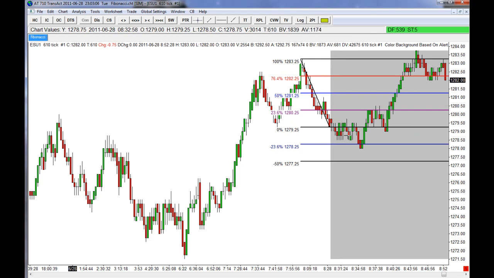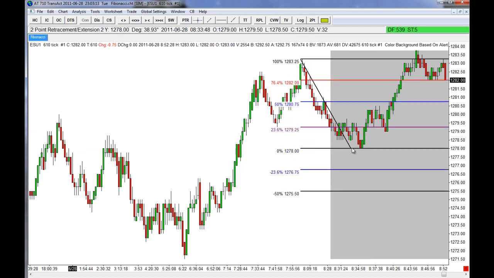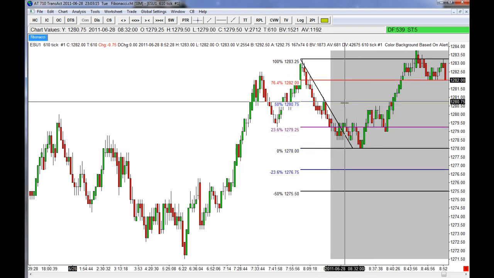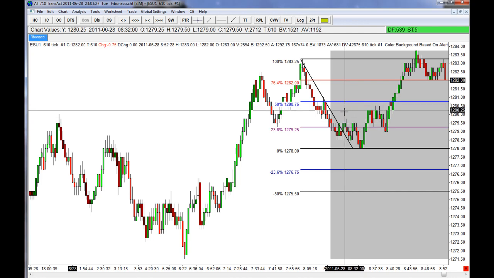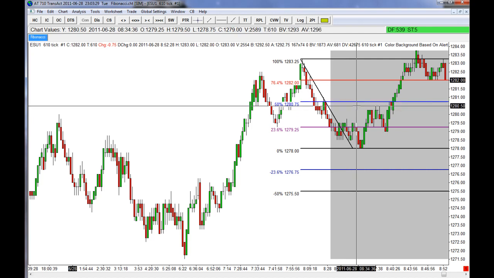As you can see, the 0% line broke, got to negative 23.6, back to 0. So I moved my line over here, and I placed a sell limit order at 1280.50. So I was looking to grab 5 ticks, and I was risking 6 ticks.